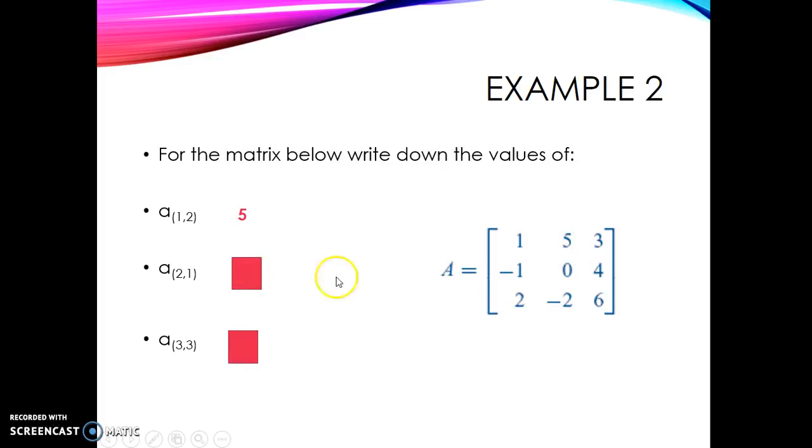Row 2, first column, the answer is -1. And 3,3, row 3, 1, 2, 3, and column 3, the answer is 6.